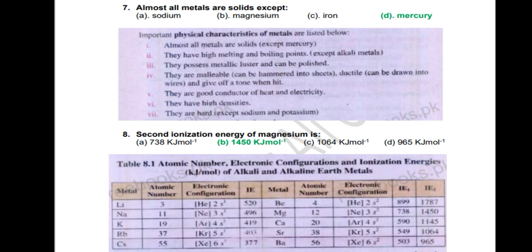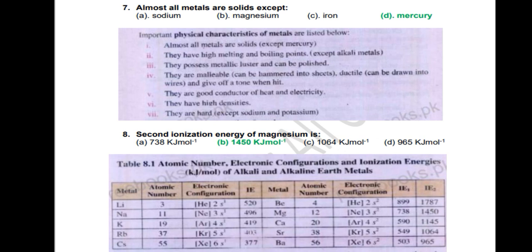Second ionization energy of magnesium: 738 kilojoule per mole, 1450 kilojoule per mole, 1064 kilojoule per mole, 965 kilojoule per mole. The values of first and second ionization energy are given in this table.